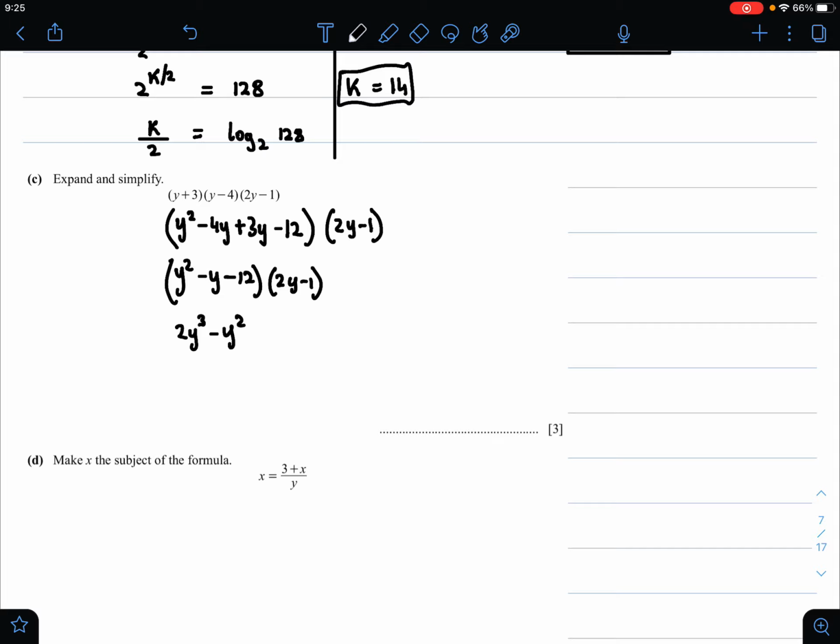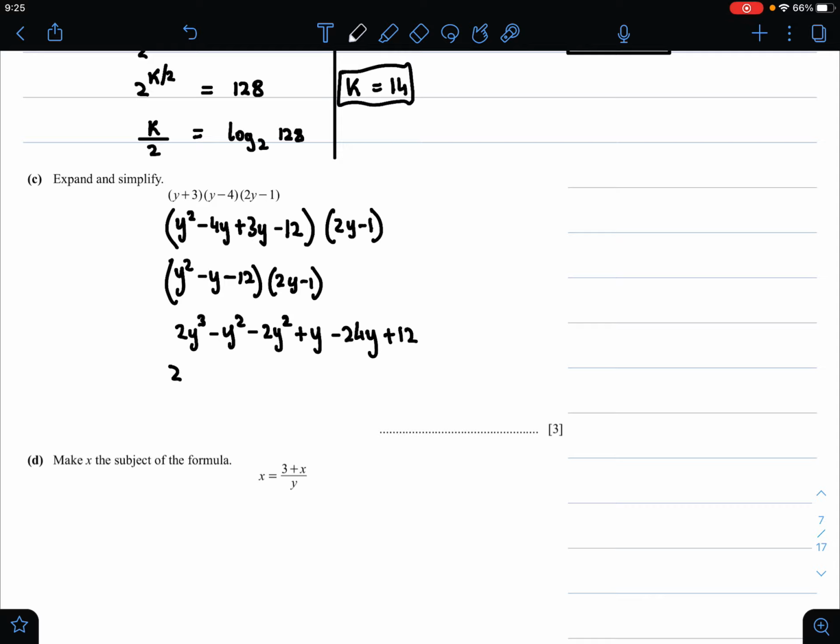Negative y multiplied by 2y will be negative 2y square. Negative y multiplied by negative 1 will be positive y. Negative 12 multiplied by 2y will be negative 24y, and negative 12 multiplied by negative 1 will be positive 12.